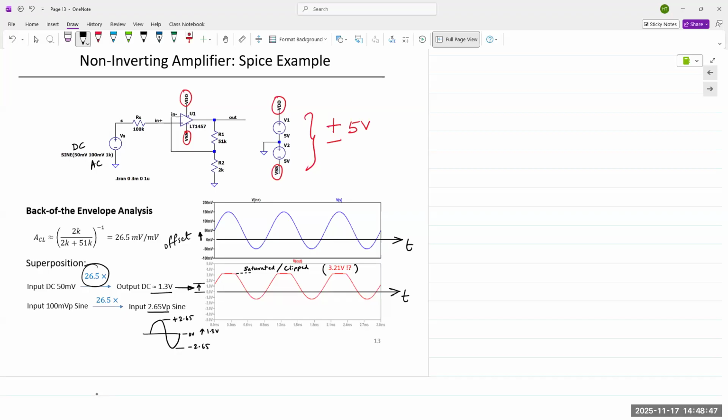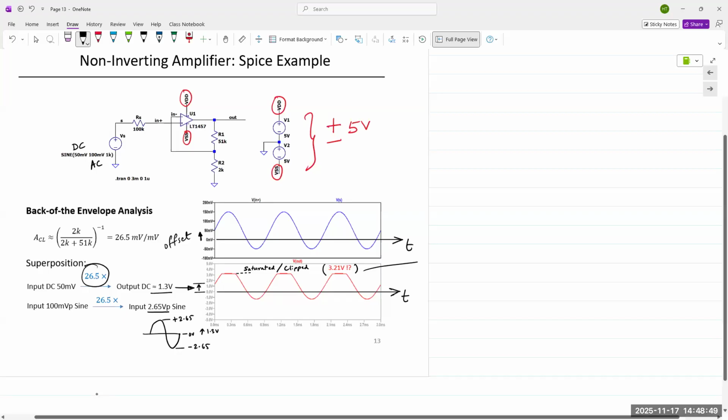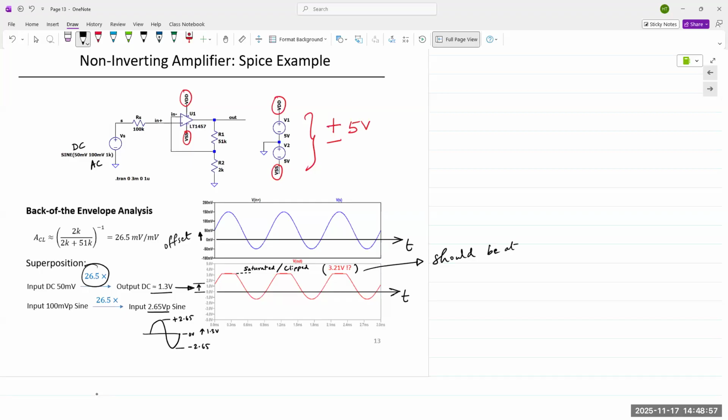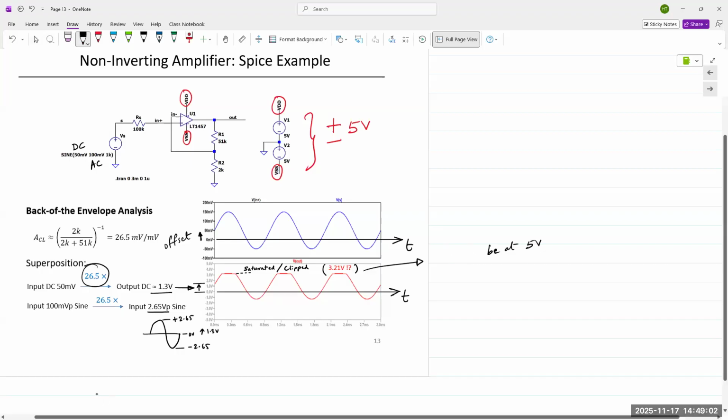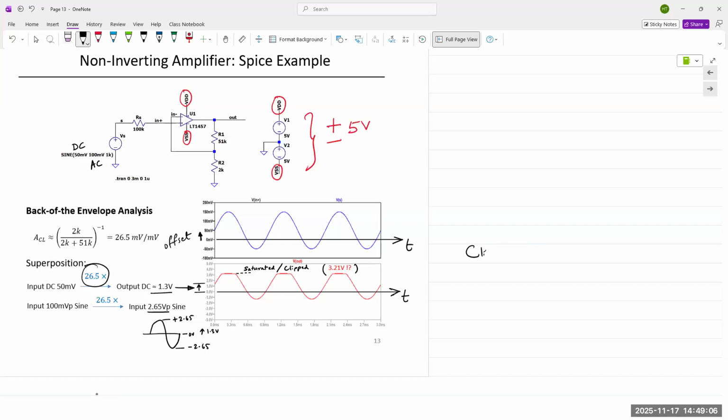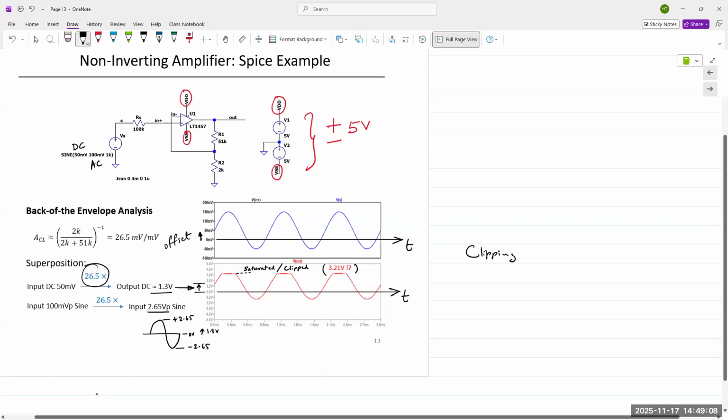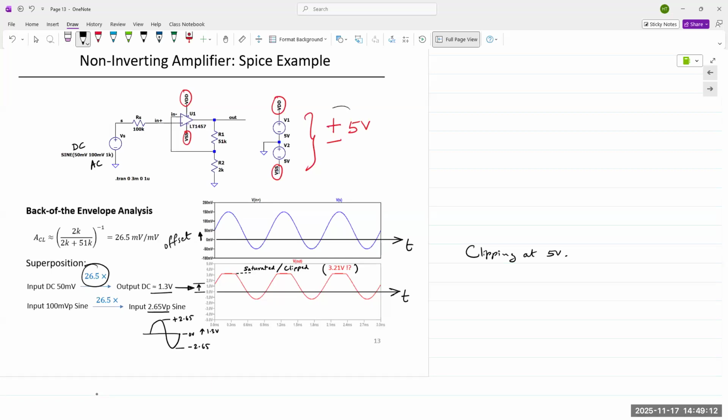Technically, this clipping should have occurred at 5 volts, ideally, because our VDD is 5 volts.